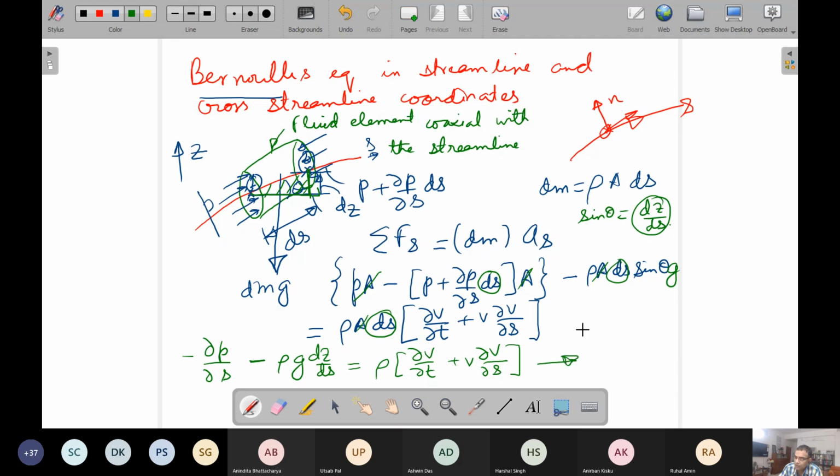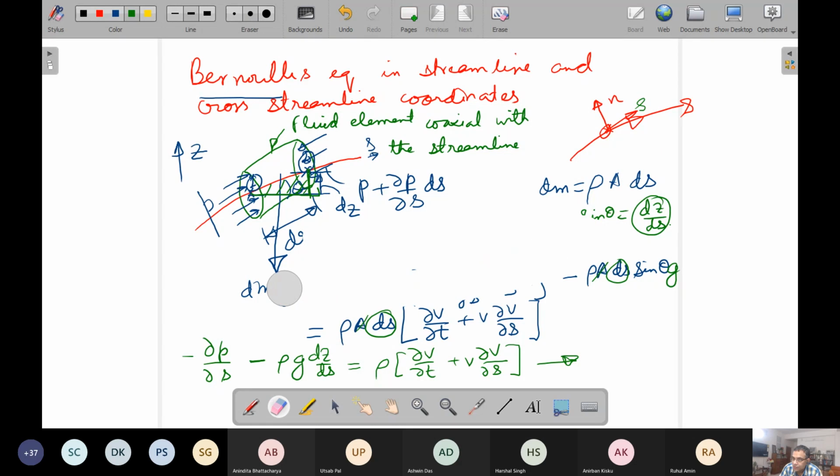For the N direction, it is very similar. You can see two coordinates, S and N, so let us write it for the N direction.